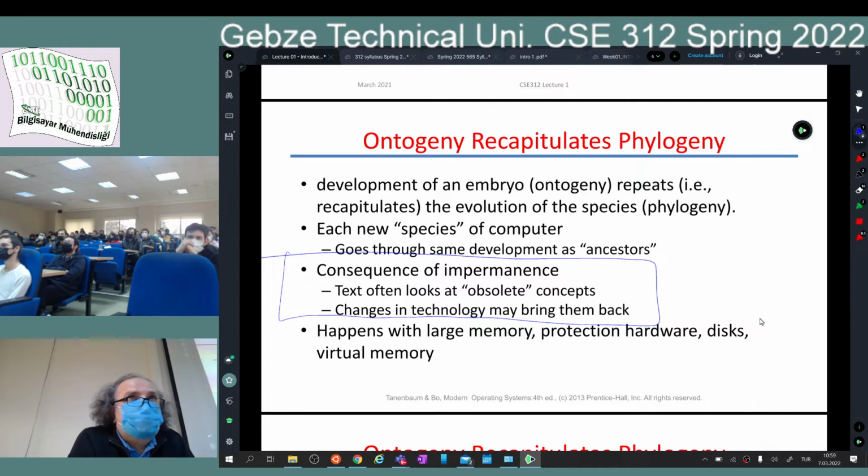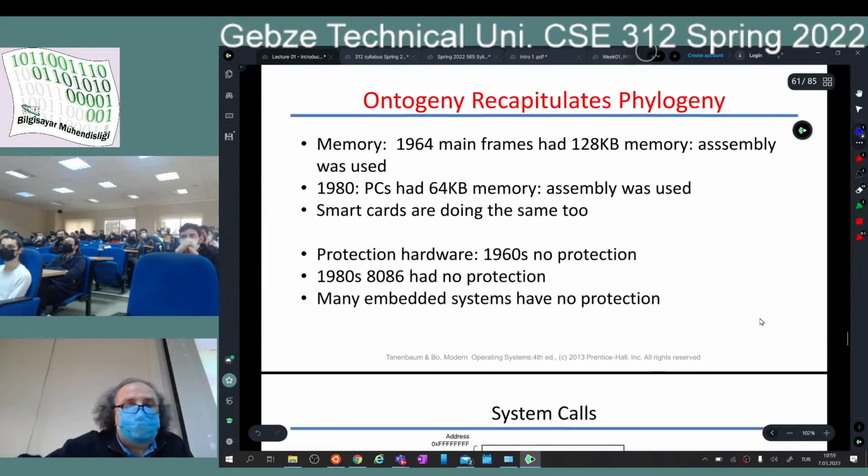They had to solve lots of problems, and most of those problems we are solving again and again for new types of operating systems and new types of computers. The same thing happened many times regarding large memory, CPU power, virtual memory, etc. Good.